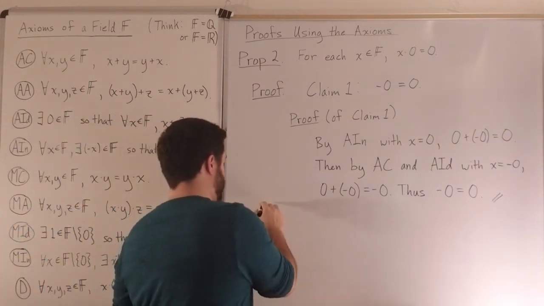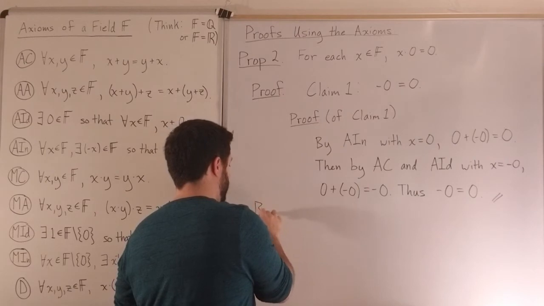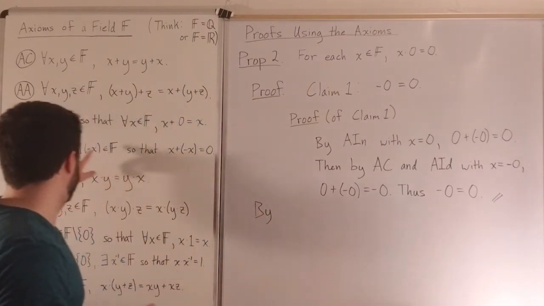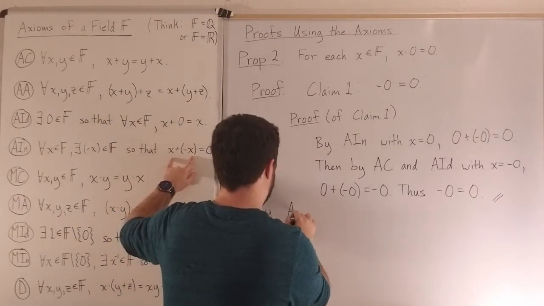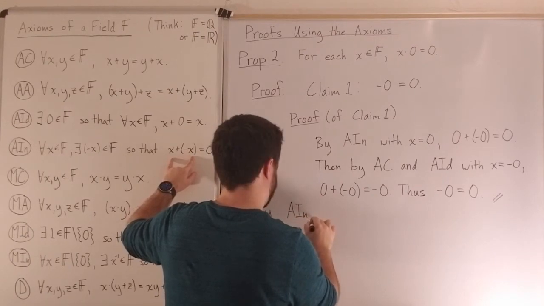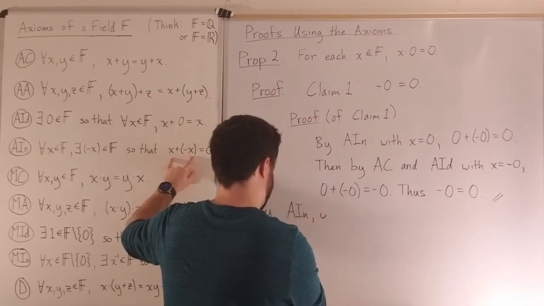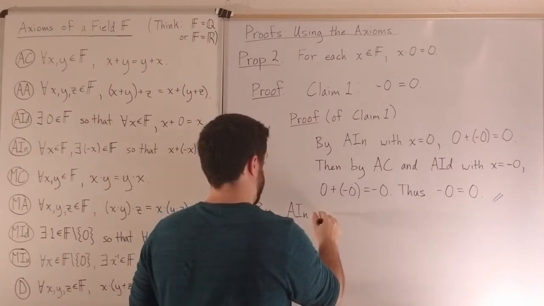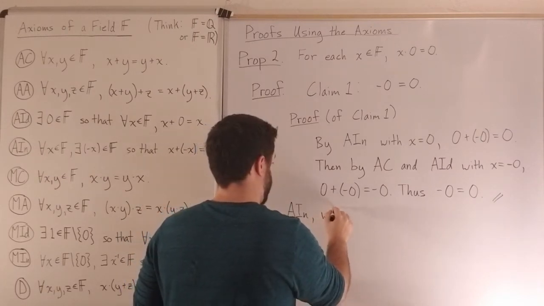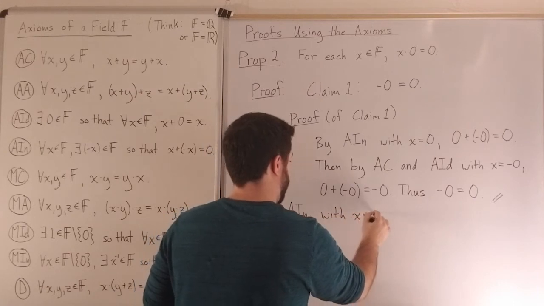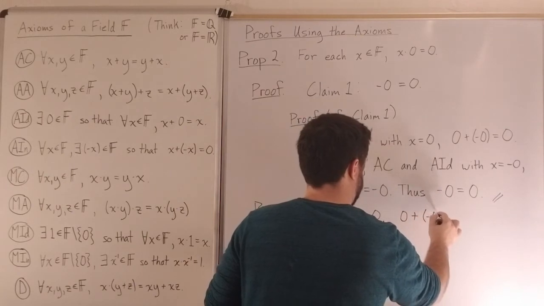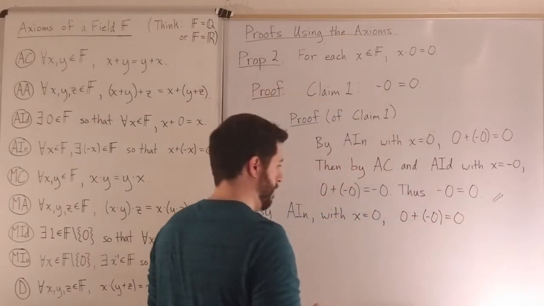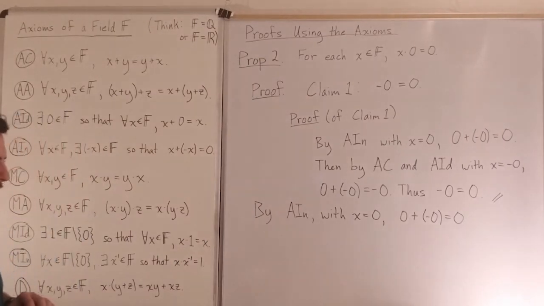Okay, so we're going to have this reasoning. So by this property right here, we want to write this equation. Okay, so that's going to give us that is equal to 0.